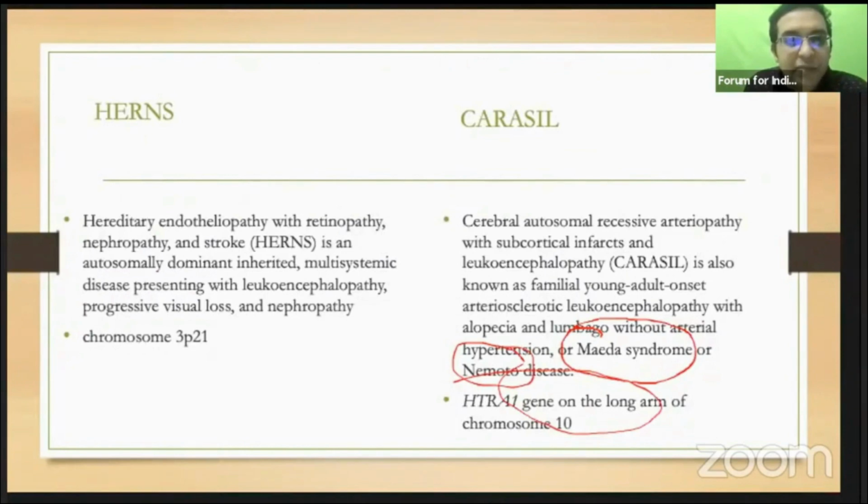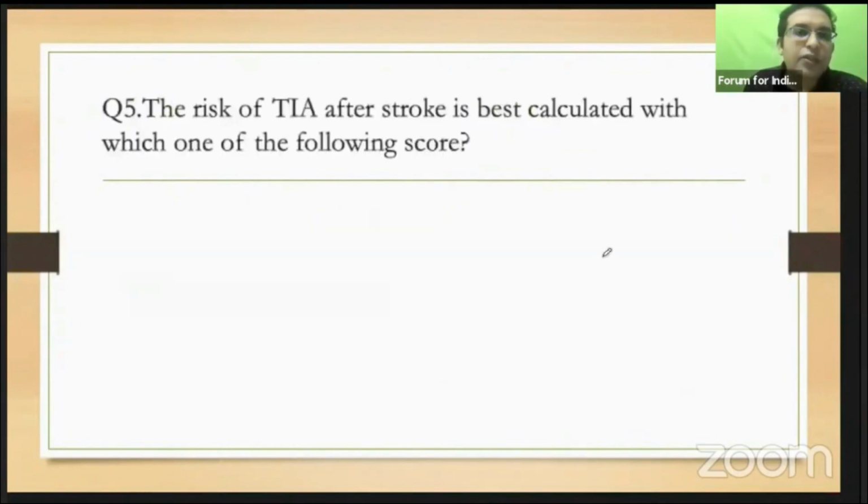You can keep that in mind. So that was regarding the monogenic causes of stroke. And Fabry's disease, as you know, there is angiokeratoma, and it is due to mutation in the GLA gene. And you have to study Fabry's, it is a high yield topic also.